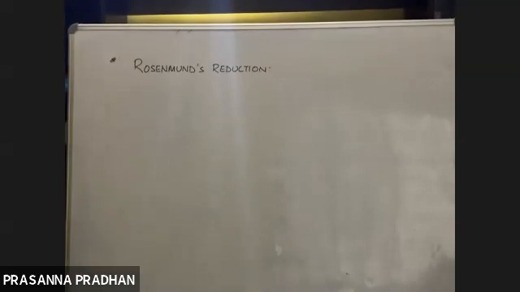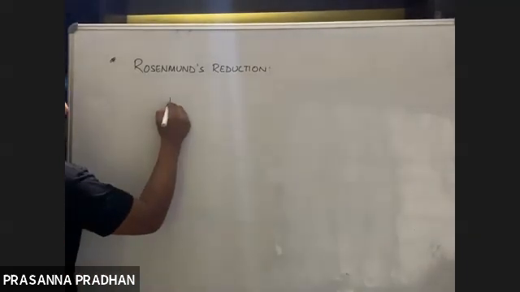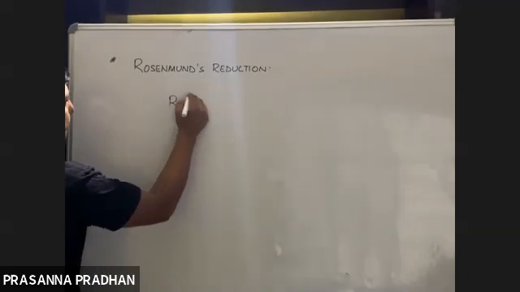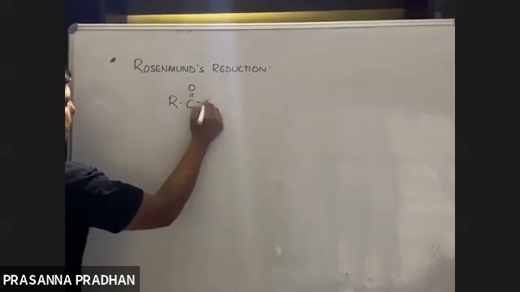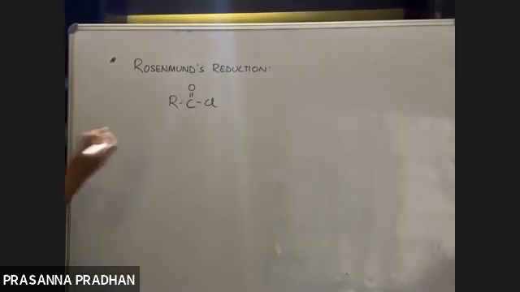Rosenmund's reduction is an indirect method for the conversion of carboxylic acid to aldehydes. We started with an acid chloride, which can be easily prepared from the corresponding carboxylic acid.